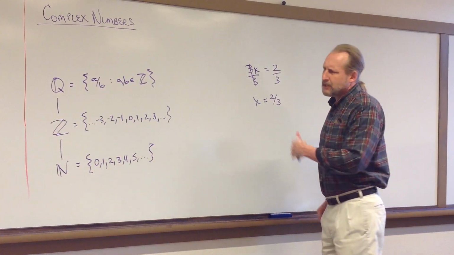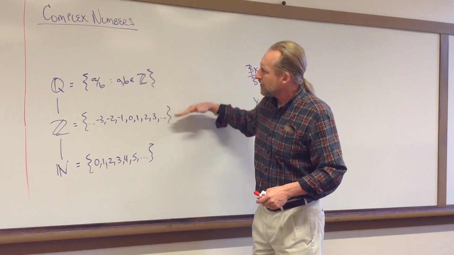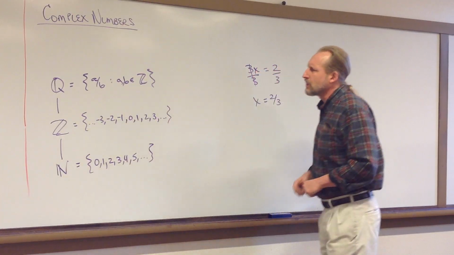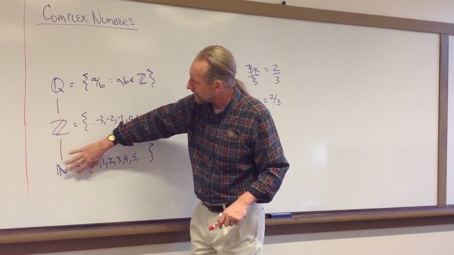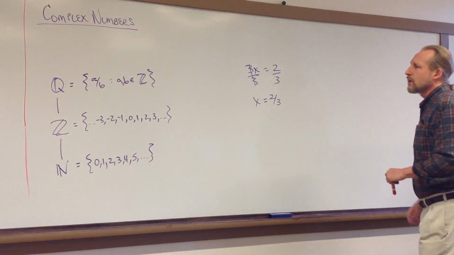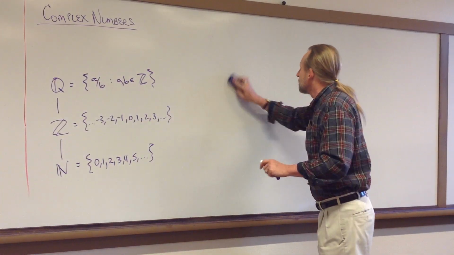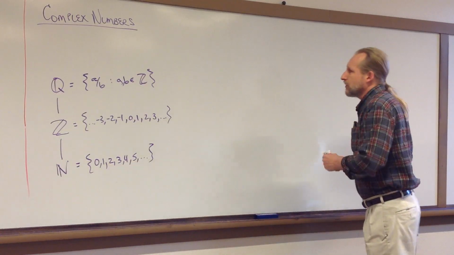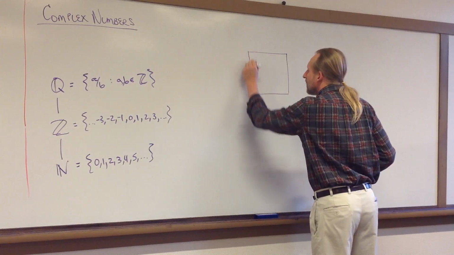I mentioned that the Indian mathematicians worked with, I think, all of these sets of numbers. The Greeks tended not to work with the negatives. They had just the whole numbers and the fractions, and they did extensive work with those numbers. Now, something that the Greeks ran into caused them considerable difficulties.